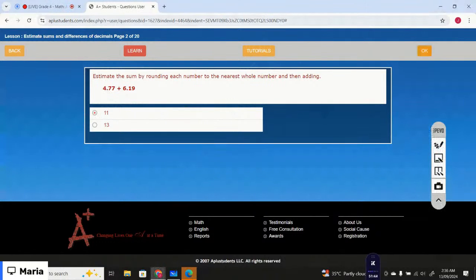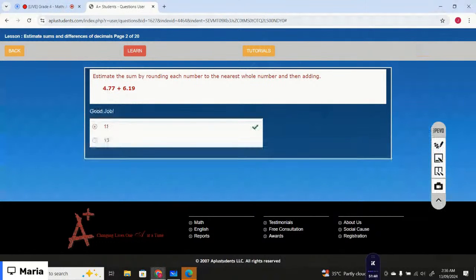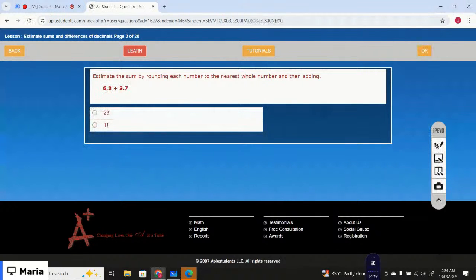Okay, the next one is: estimate the sums by rounding each number to the nearest whole number and then adding. That is 6.8 plus 3.7.